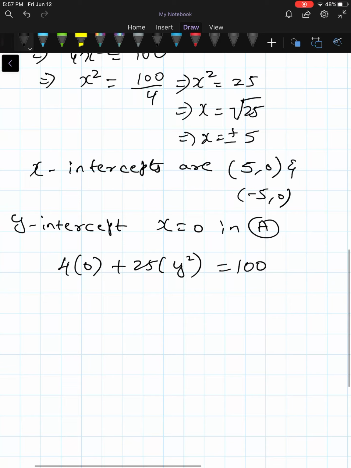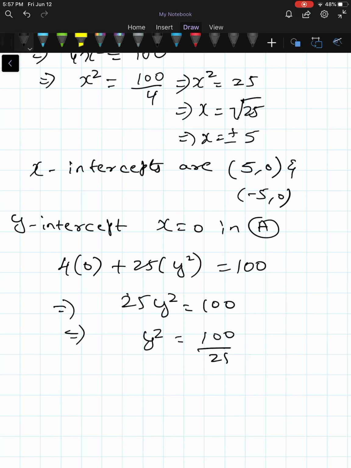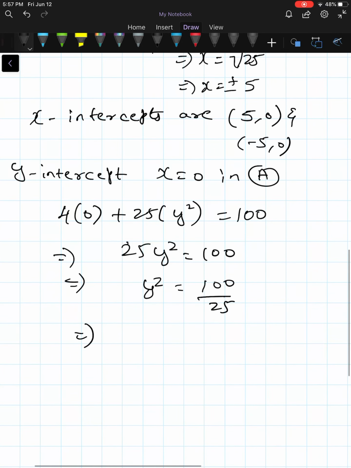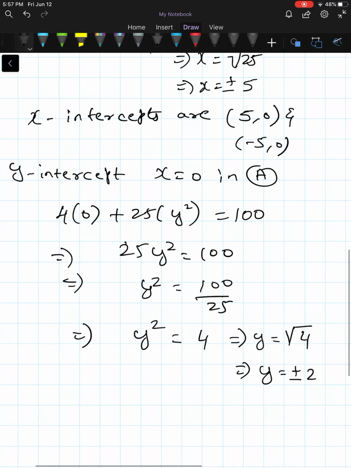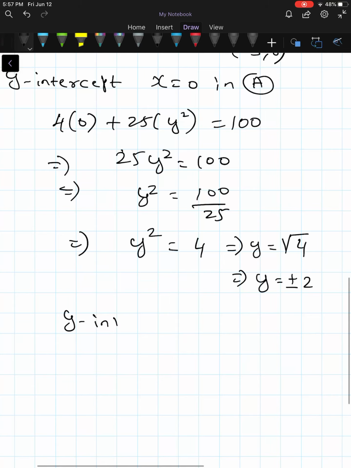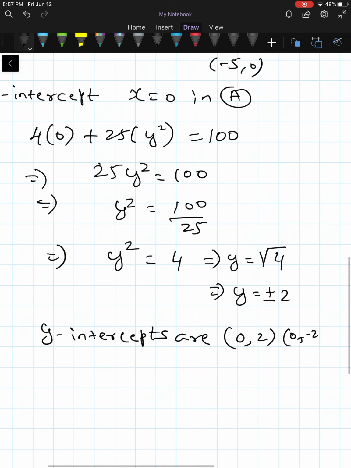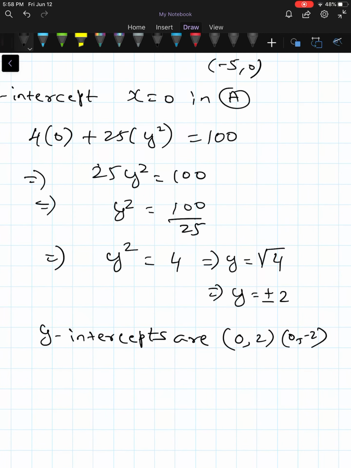That is 25 y square equals 100, so y square is 100 divided by 25, which implies y square is 4. So y is the square root of 4, that is y is plus or minus 2. So the y-intercepts are 0, 2 and 0, negative 2. This is quite simple.